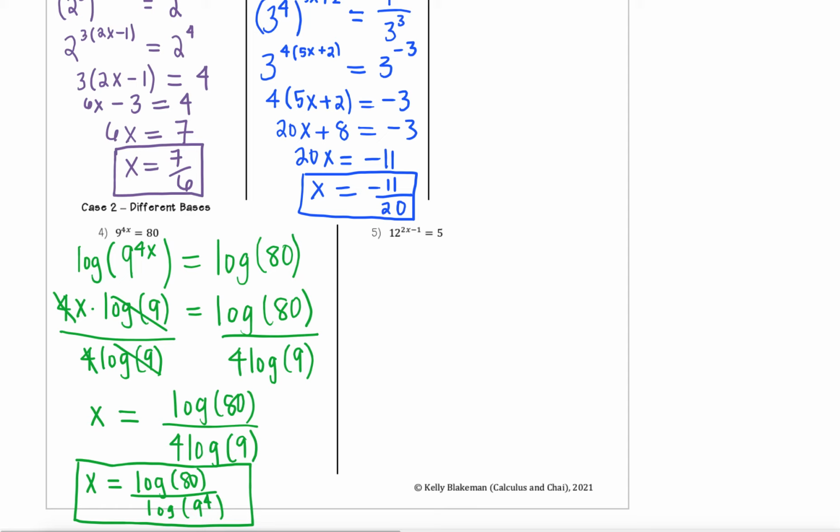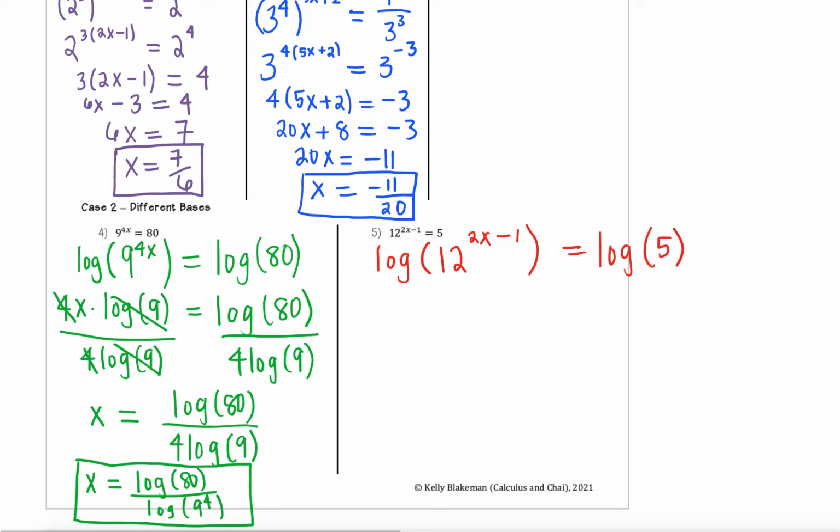Let's look at example 5. So we have 12 to the 2x minus 1 equals 5. Again, 12 and 5 do not have some common base that we could rewrite both of those numbers as. So we're going to go ahead and apply the log to both sides to get log base 10 of 12 to the 2x minus 1 equals log base 10 of 5.